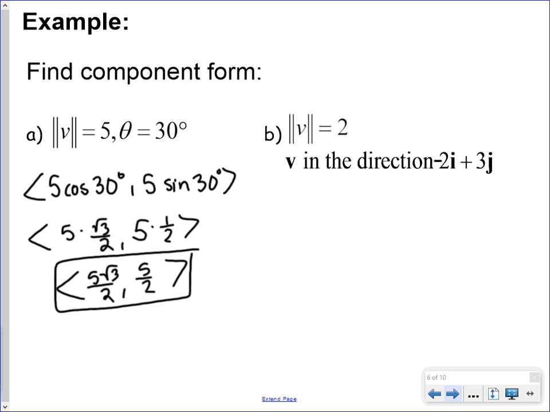Okay, so this is our next example. The magnitude of v is 2. And we want to make sure that the vector v is going in the direction of negative 2i plus 3j. Can you write that in component form?